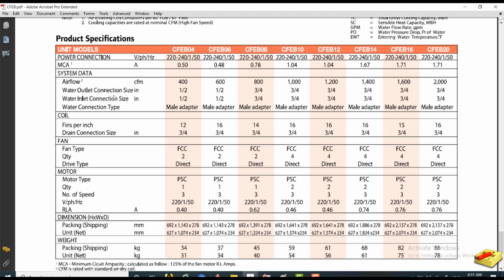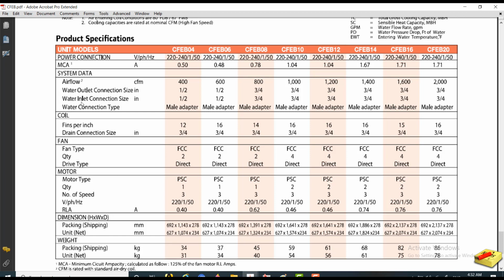So you have water outlet connection size, water inlet connection size. So you have your coil, fan, motor, dimensions. You have your weight also. So take note, yung dimensions will be reflecting also dun sa drawing niyo. Okay?